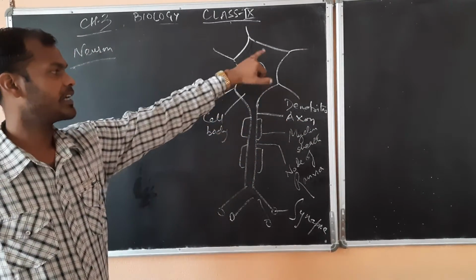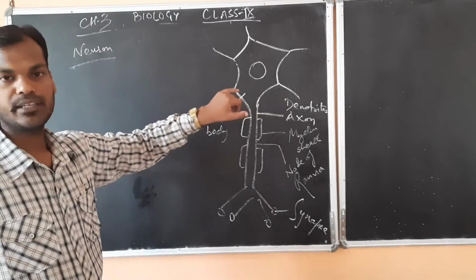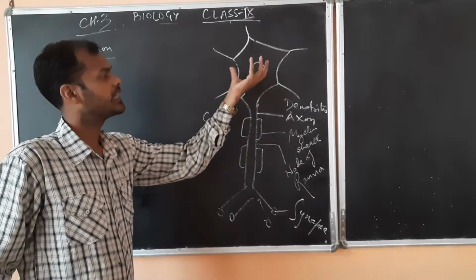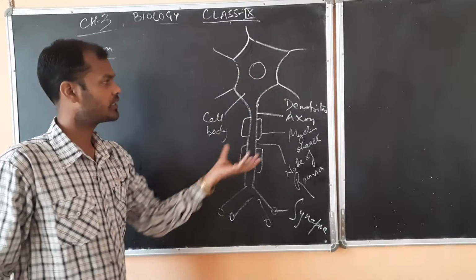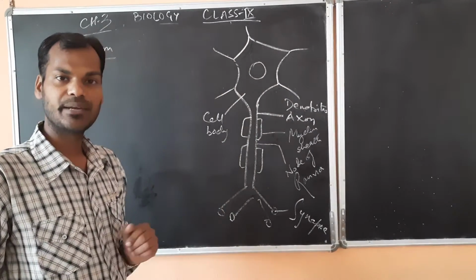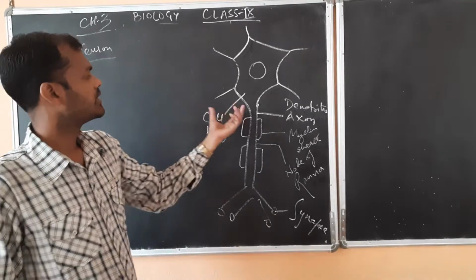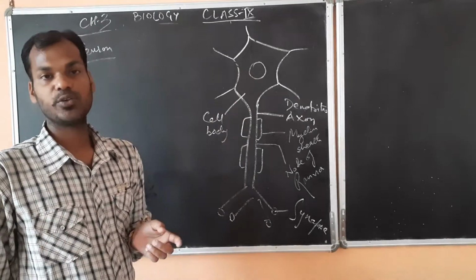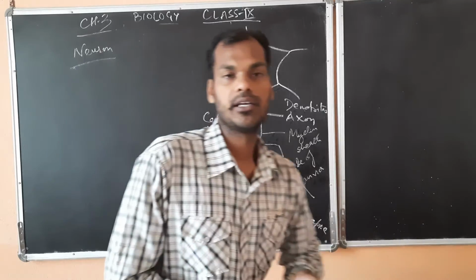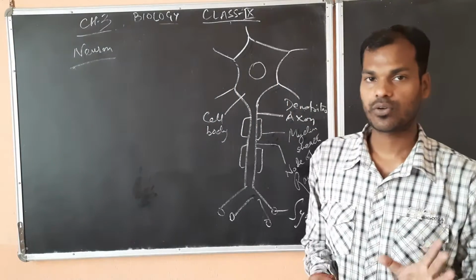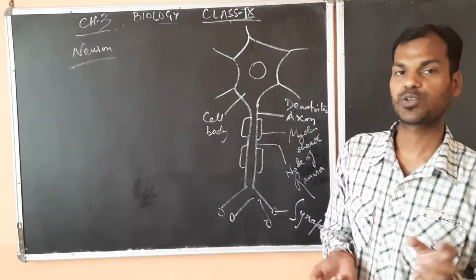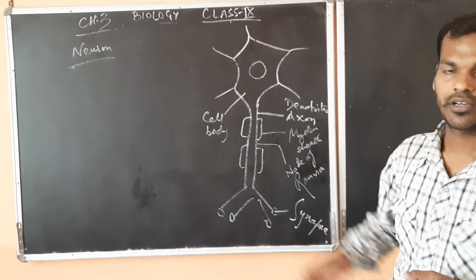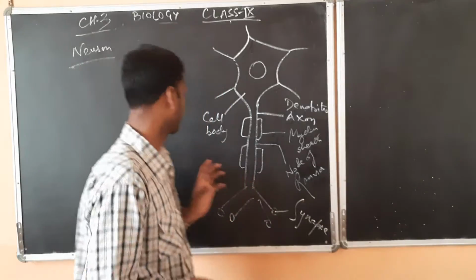The cell body contains the nucleus and the mitochondria, where energy is produced for this neuron. The cell body contains the nucleus, the most important part. Since the nucleus is the control center of the cell, the cell body is responsible for controlling the whole neuron.